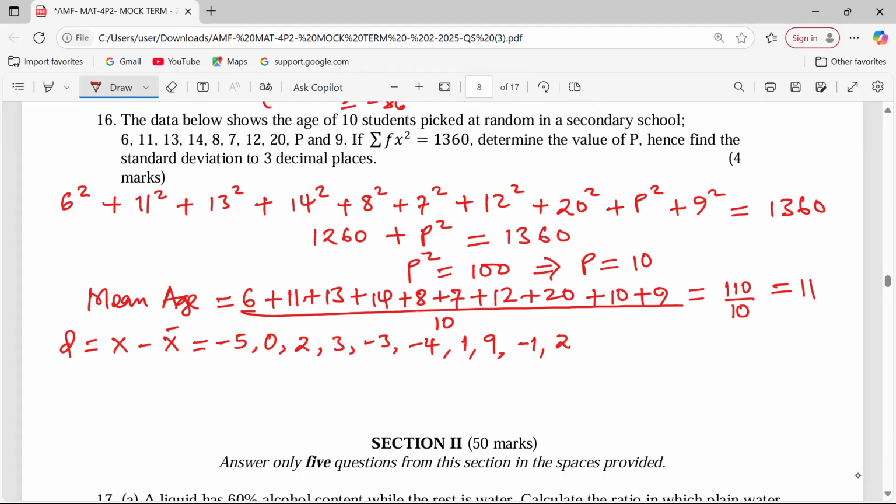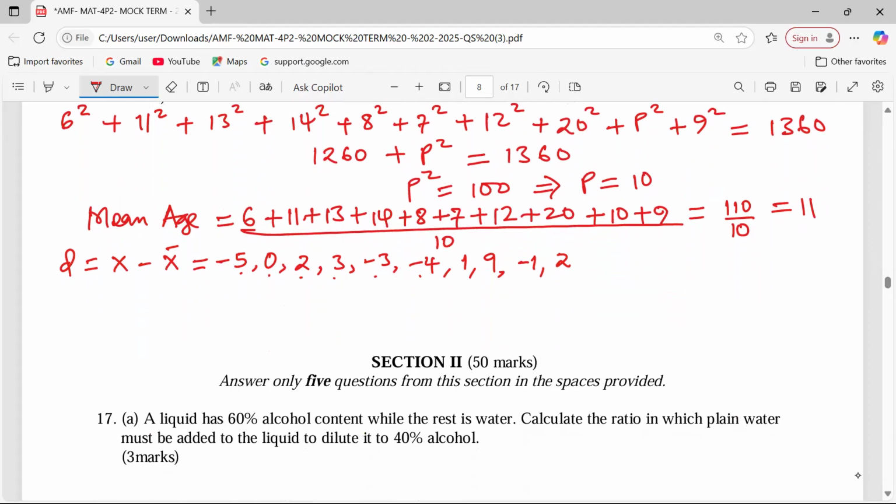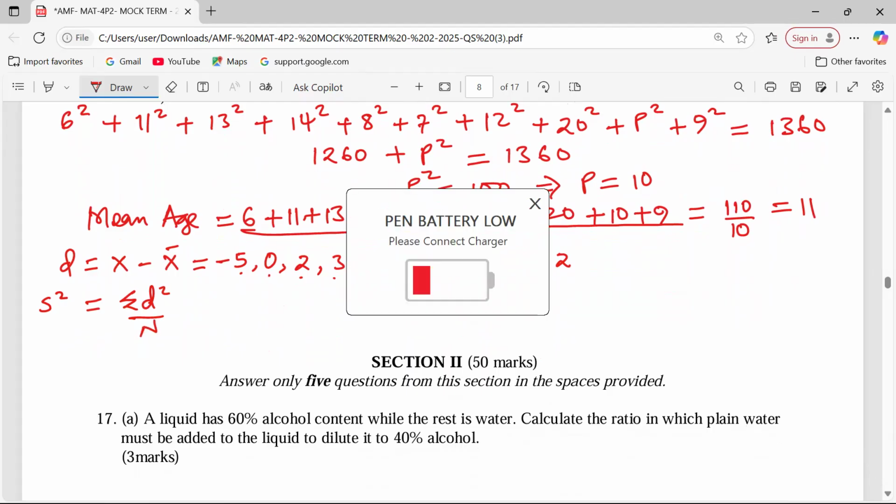Let me confirm whether they are 10. 1, 2, 3, 4, 5, 6, 7, 8, 9, 10. 10 deviations. With all the deviations now, for us to get variance, S squared, we take the summation of all the deviations squared out of the total.